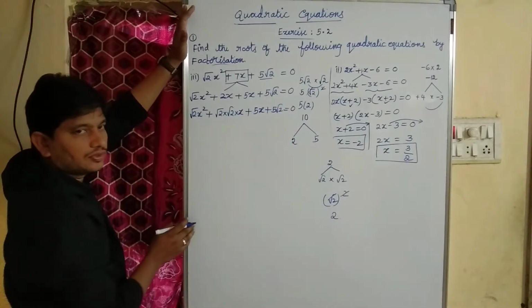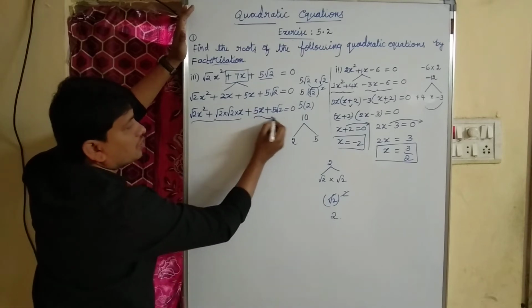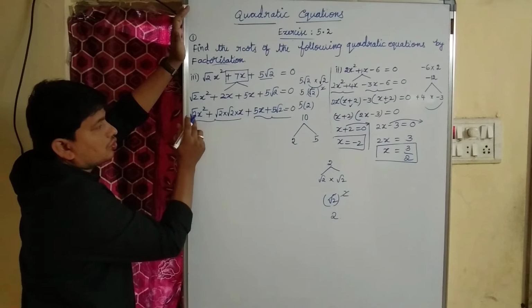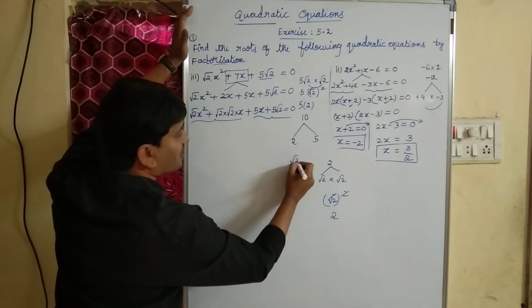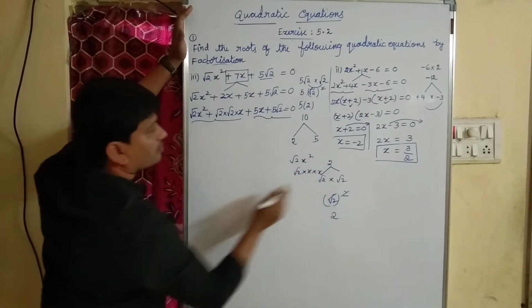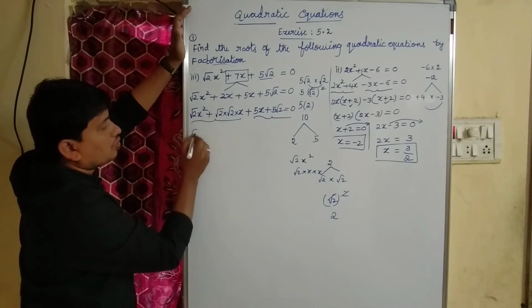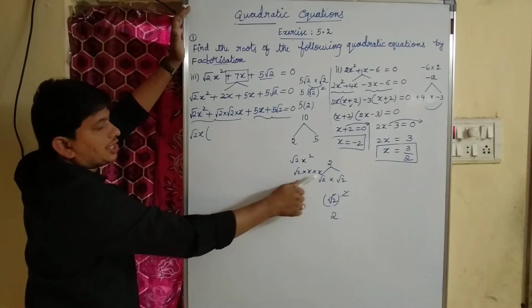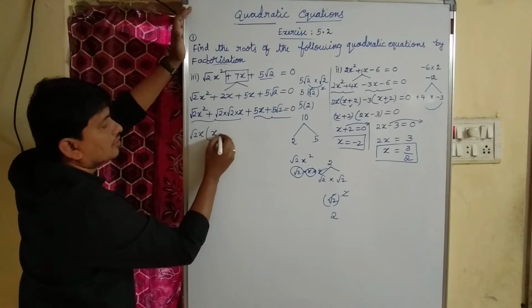So from these two terms, and again from these two terms, children, as we know that root 2 x² means root 2 into x into x, so from these two terms I can take root 2x as common. As x² means x into x, already we took root 2x common, one more x is there here.